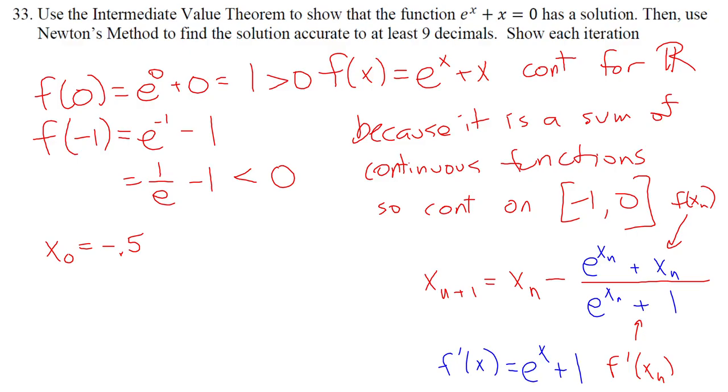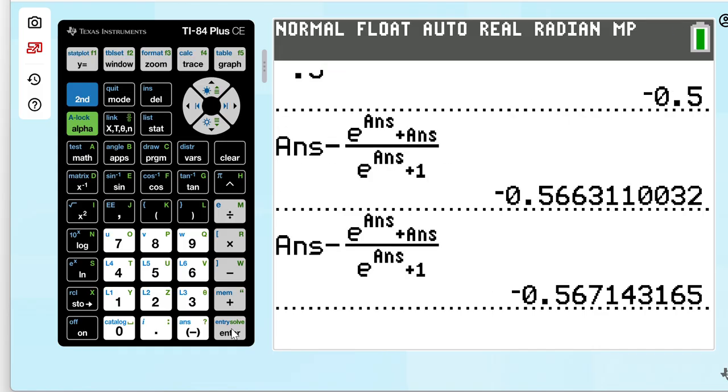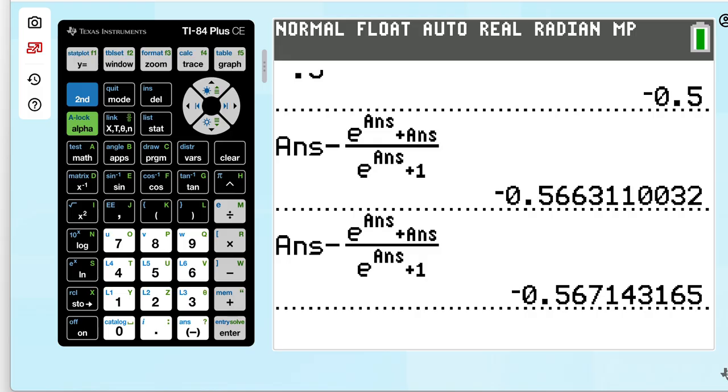It gives us our first value here. So we'll write this down. x sub 1 is equal to negative 0.56631110032. And then we'll hit enter again. It'll give us our second value. Okay. So we'll put that one in. x sub 2 is equal to negative 0.567143165.